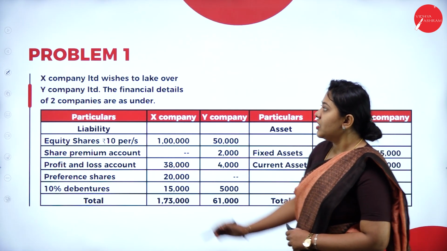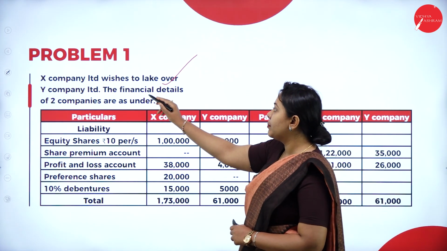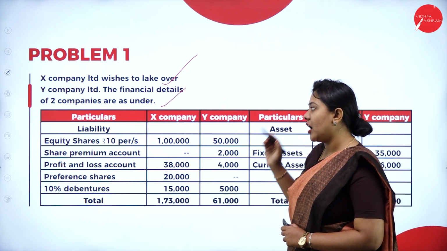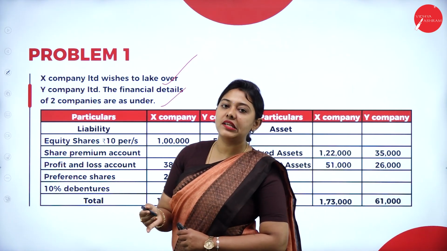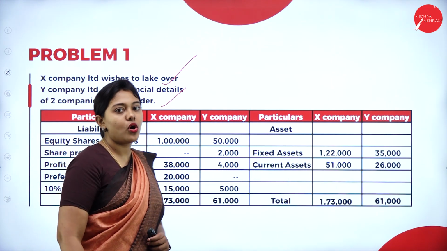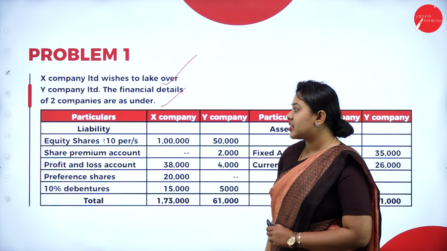Problem number 1, X Company Limited wishes to take over Y Company Limited. The financial details of the two companies are as under. So particulars, X company is given, Y company is given, the liabilities and the assets of each company are given in the question. So let us understand.